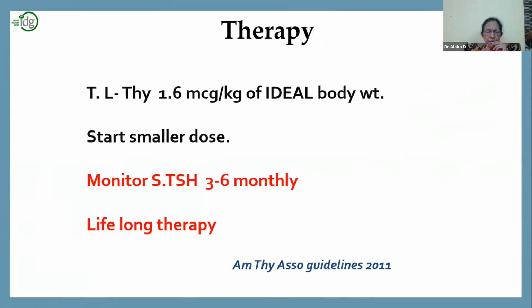So we give T4. The T4 is labeled as L-thyroxine. And what is the dose? 1.6 microgram per kg of ideal body weight. So if the patient has come with full-blown hypothyroidism, swollen, generalized anasarca, that is not ideal body weight. So calculate the ideal body weight and give 1.6 microgram per kg.